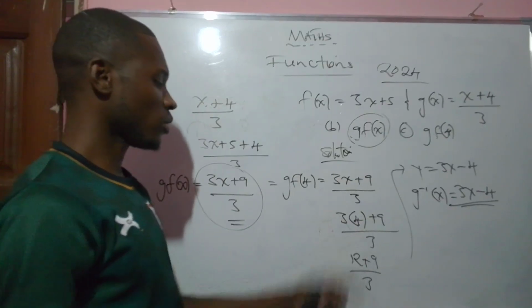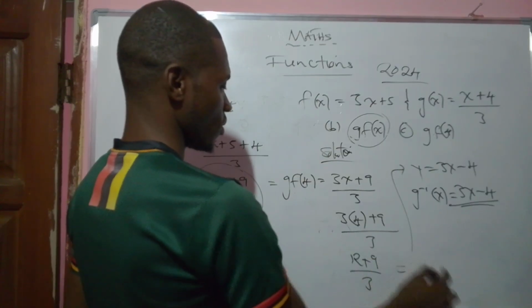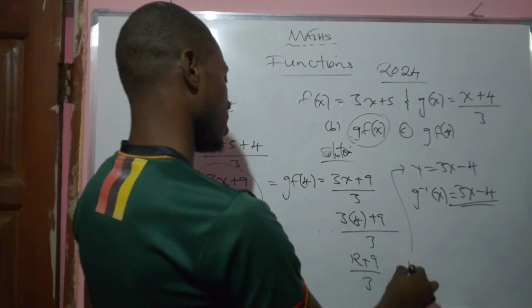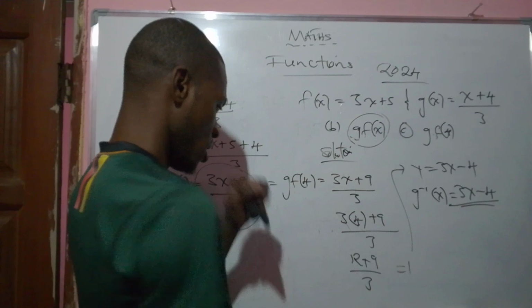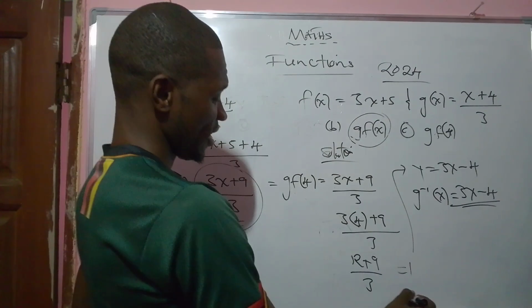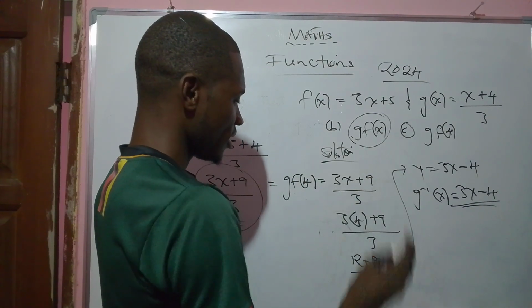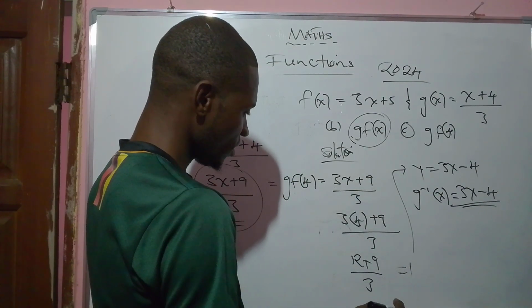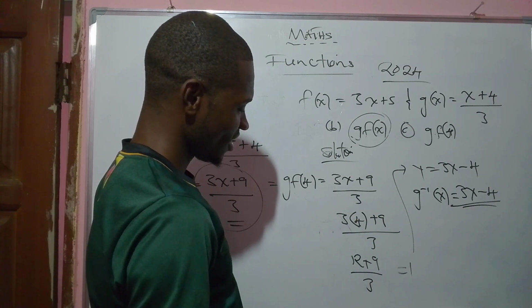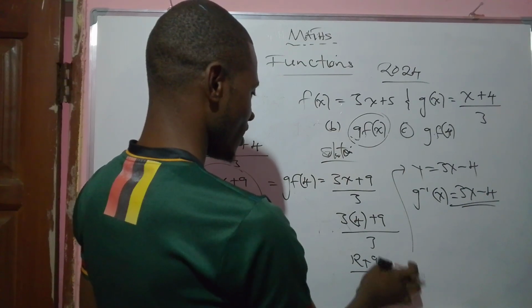So you deal with what is on top. 12 plus 9, what are we getting? 12 plus 9, 21.